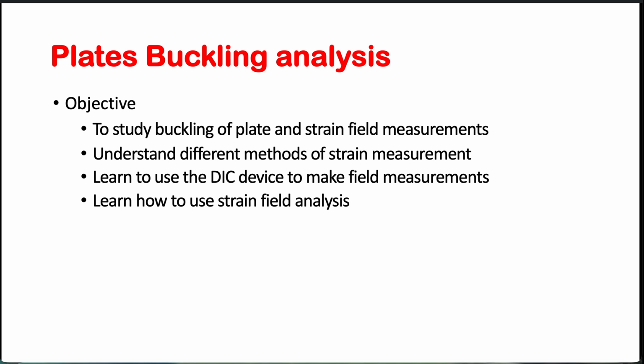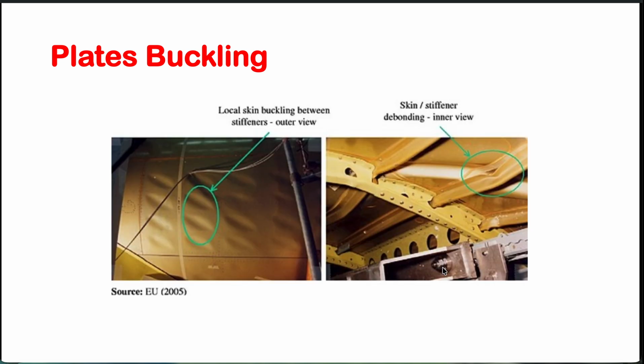We are going to talk about the different methods of strain measurements. We will learn how to use the DIC device to make the field measurements. Essentially, we will learn the theory behind it, and we will talk a little bit about how to use the strain field analysis. This will of course be followed by a lab recording video in which we'll teach you how to use our DIC machines.